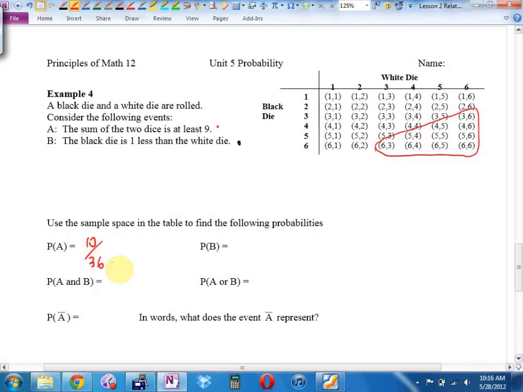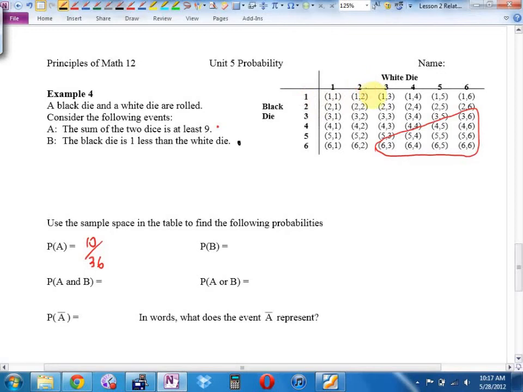The event B is the black die is 1 less than the white die. Now, looking at this table, Katie, I had to think about it for a bit, but it looks like they're listing the black die first and followed by the white die, because this right here says 1, 2, 1, 2.